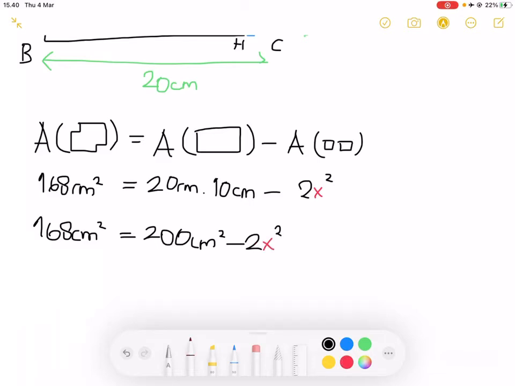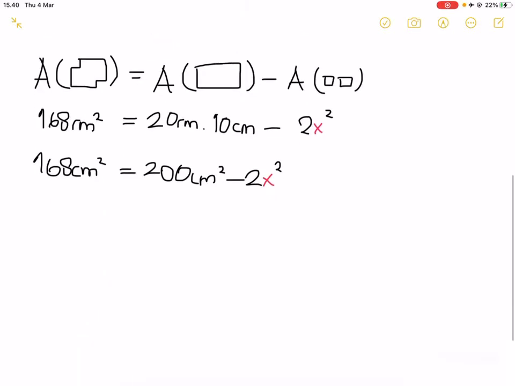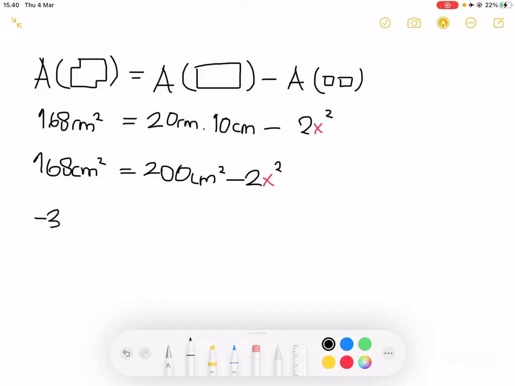Alright, let's see what we can do. We can subtract 200 centimeters squared on both sides to get negative 32 centimeters squared. And don't worry about the negatives because they will cancel out later, as you can see right here. There we go. That's very nice.